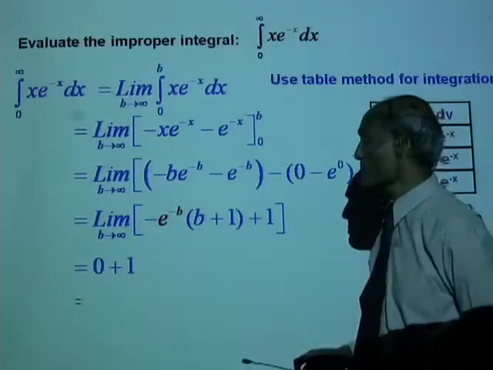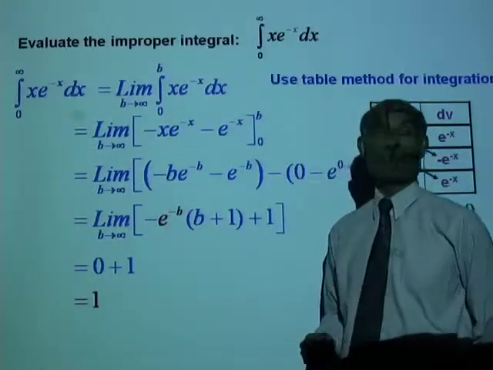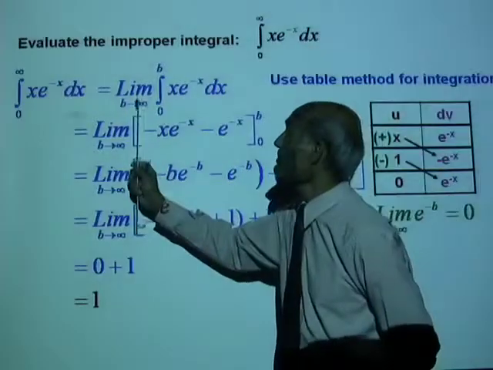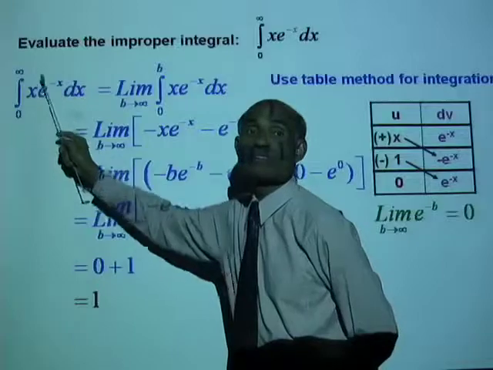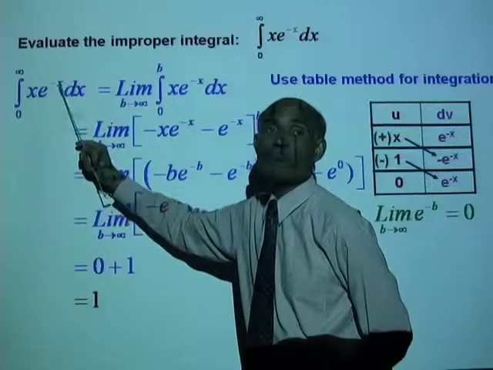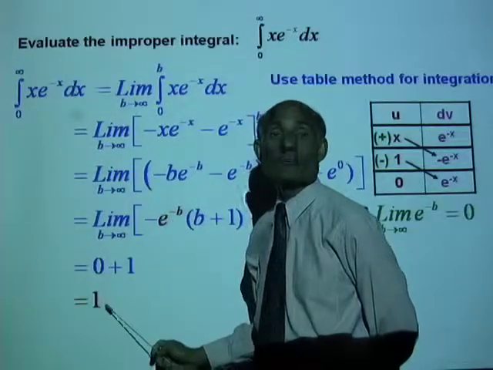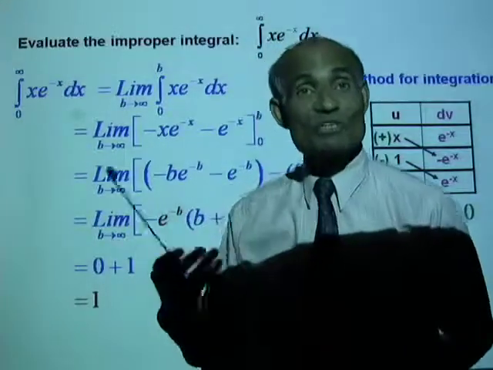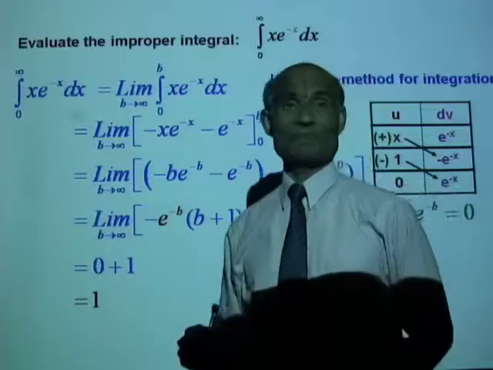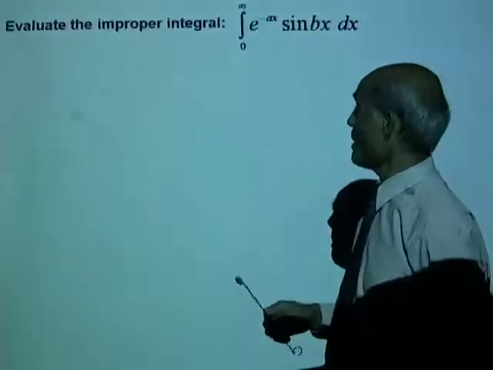So that will be 0 plus 1, which is 1. The value of this improper integral, integral 0 to infinity x e to the power of negative x dx, is 1, which means that it is a converging improper integral. Okay, another one.